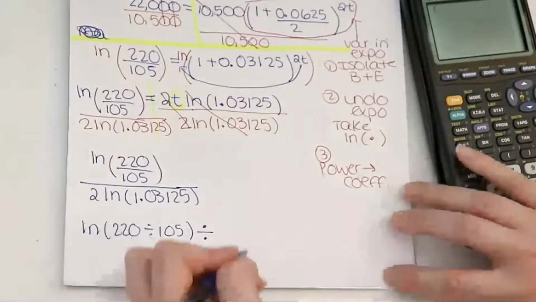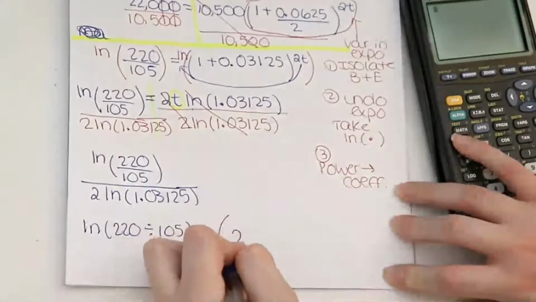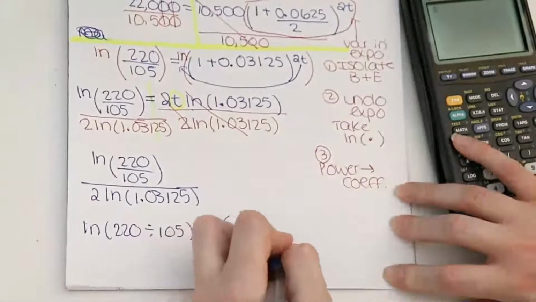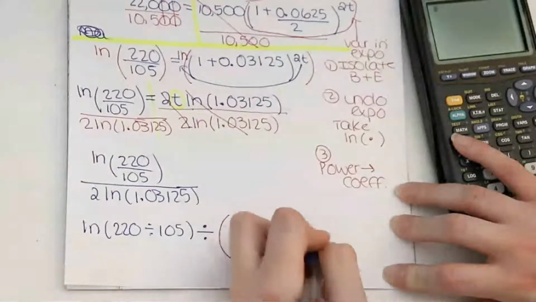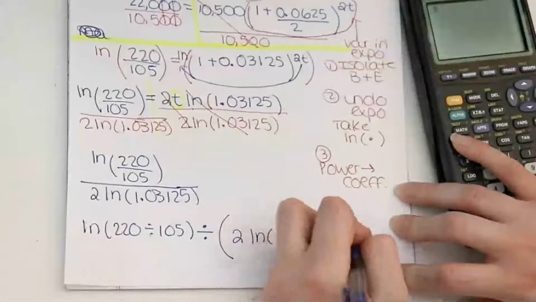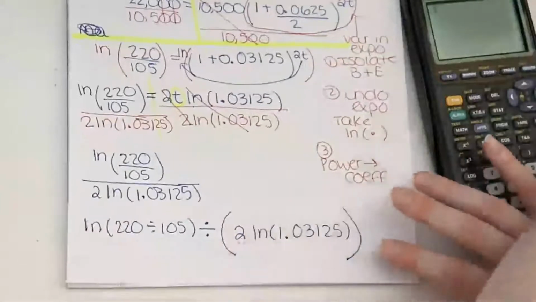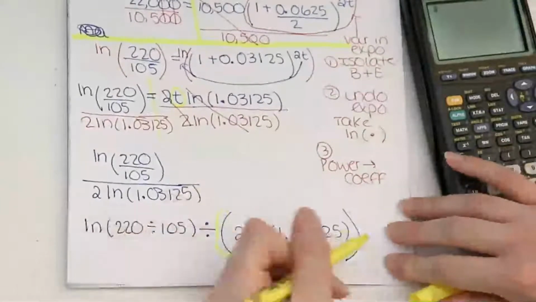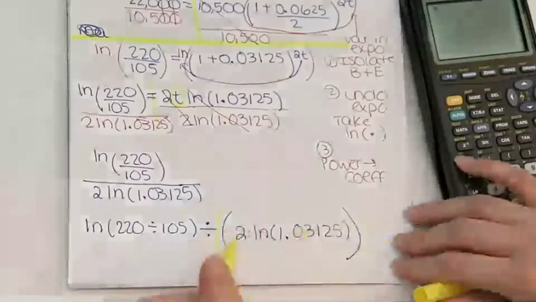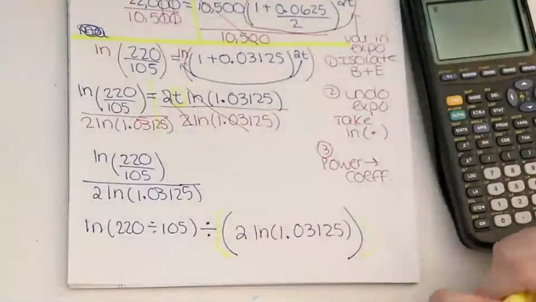So you have to put a big parenthesis and then do the 2 times the natural log of 1.03125, and then close your parenthesis. Okay.